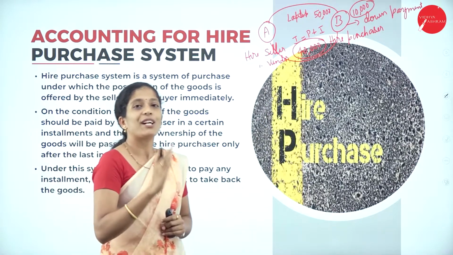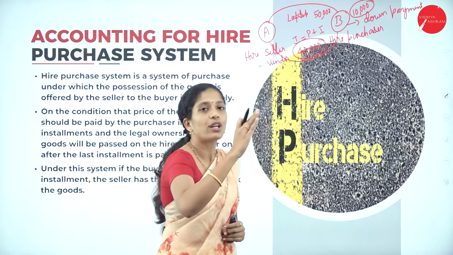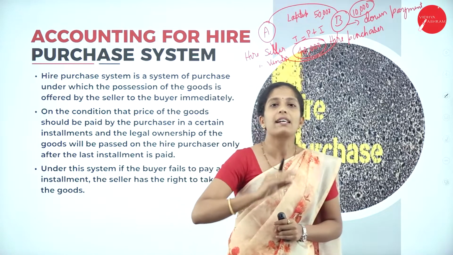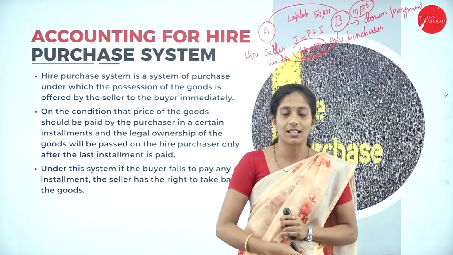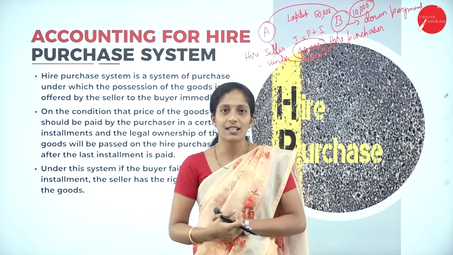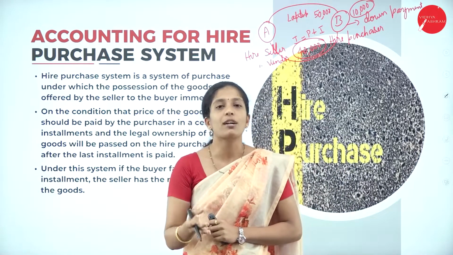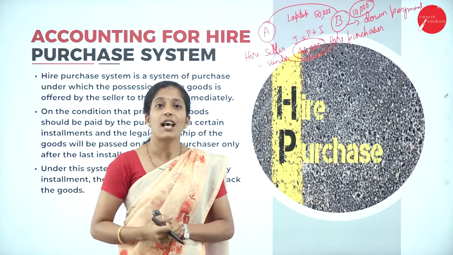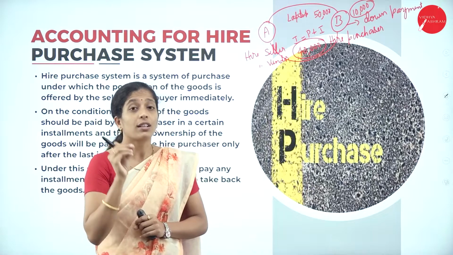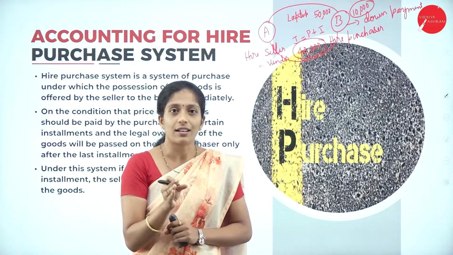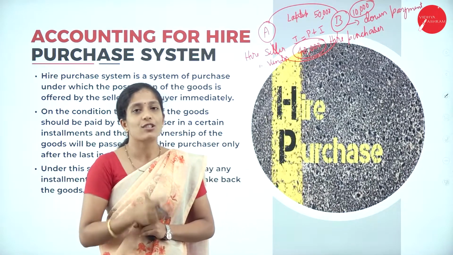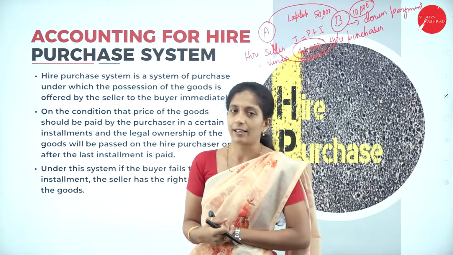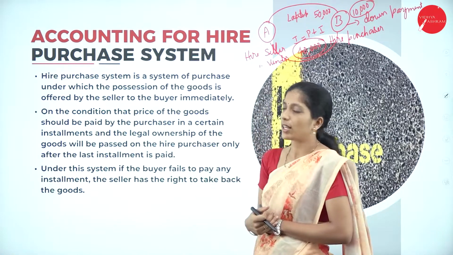Only after payment of last installment, the ownership will be transferred from hire seller to hire purchaser. So this is about hire purchase system, where the payment is not made immediately, but in the form of installments along with interest. But on the date of transfer of that asset, the amount which is paid is known as what? Down payment.